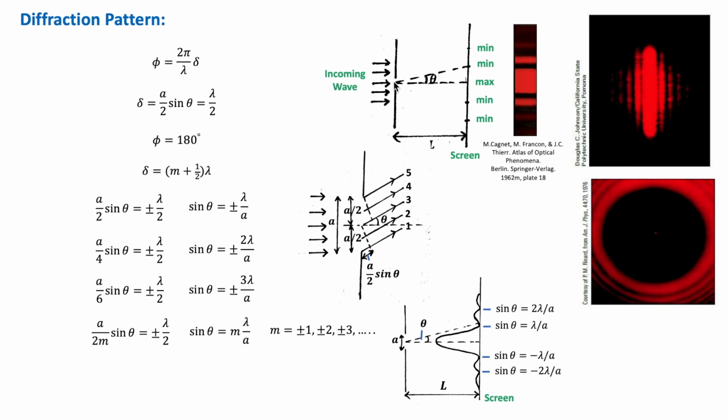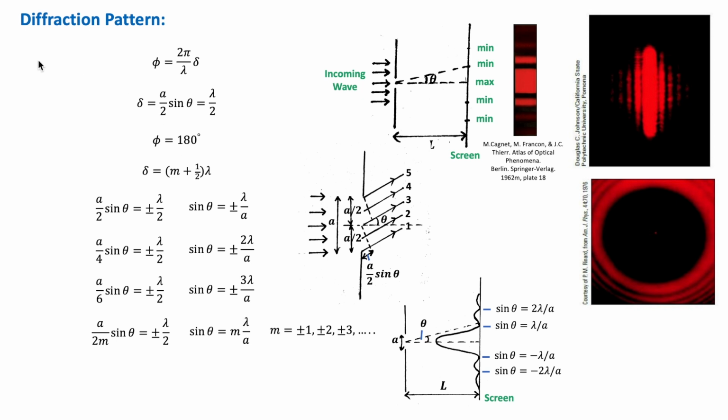If this path difference between the waves, a over 2 sine theta, is equal to half of a wavelength, which corresponds to a phase difference of 180 degrees, then the two waves will cancel each other out and destructive interference takes place.